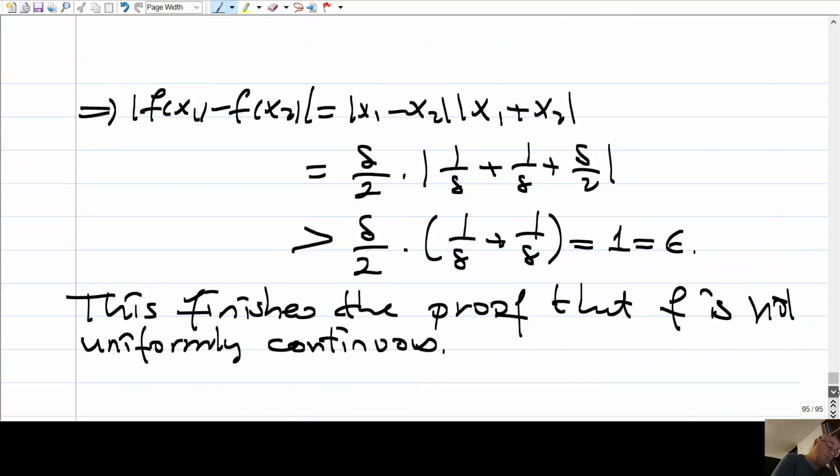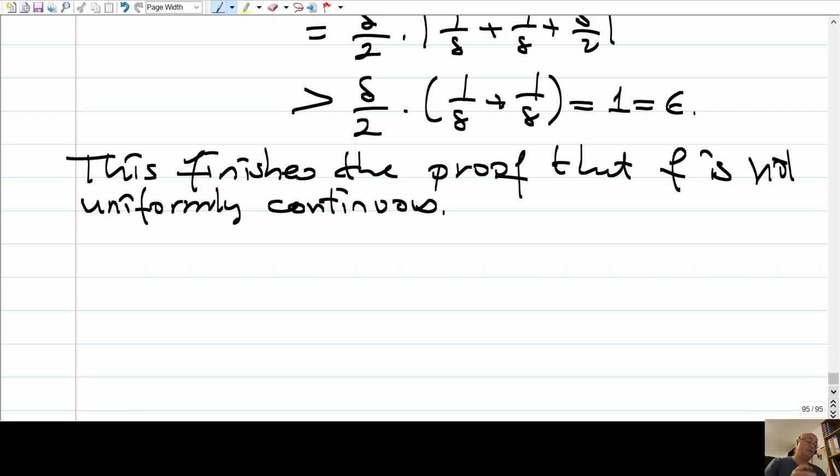So I gave the definition of uniform continuity, and then we have seen an example which is a continuous function, but not uniformly continuous. You may wonder, are there uniformly continuous functions? Well, there are actually many.